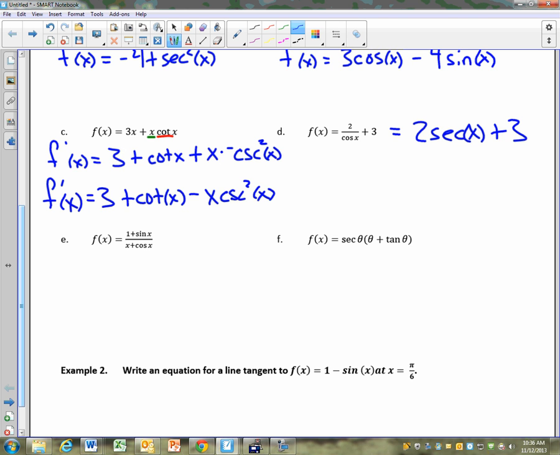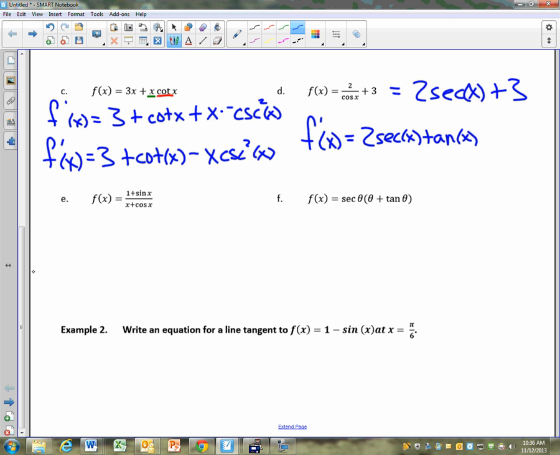That's easy to find the derivative of. Derivative of 3 is 0, goes away, so I've just got that, because the 2 is a constant.